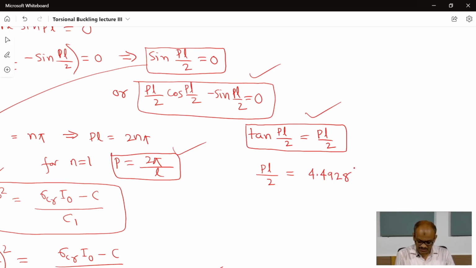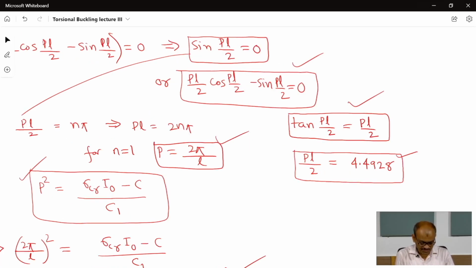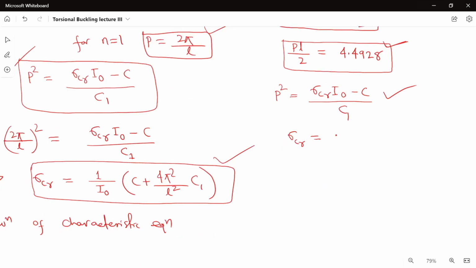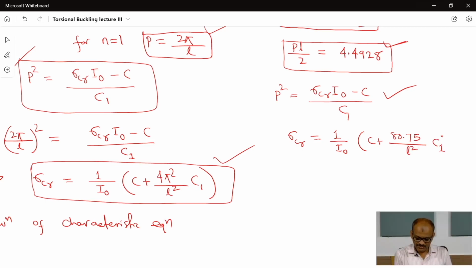And once we got this, if you substitute the p value in the expression p square is equal to sigma CR I naught minus C divided by C1, then the expression of this sigma CR, the critical stress value, is 1 by I naught into C plus 80.75 by L square into C1.